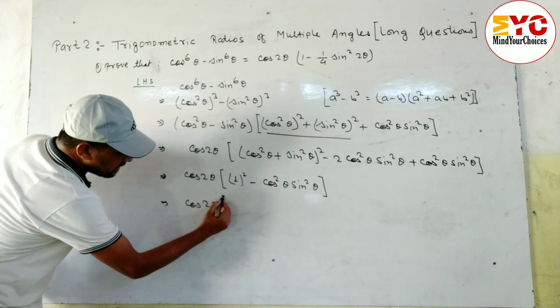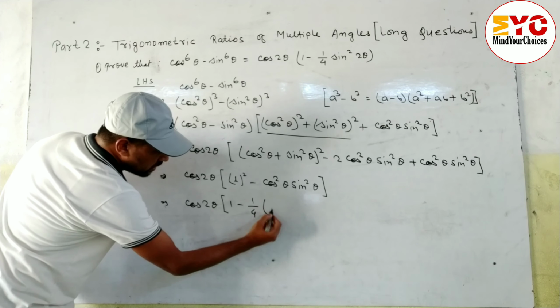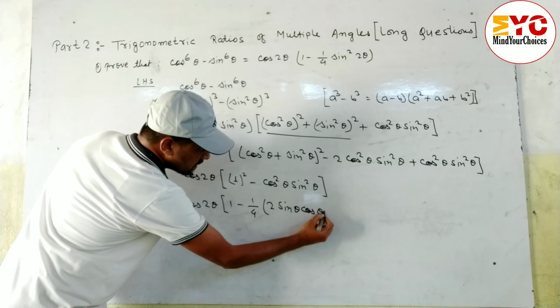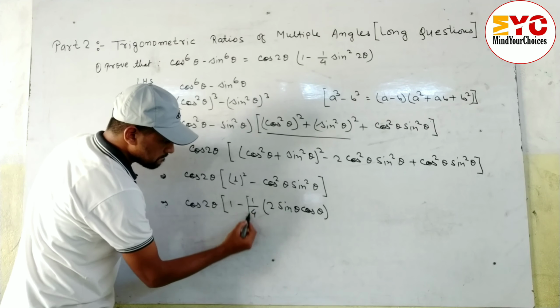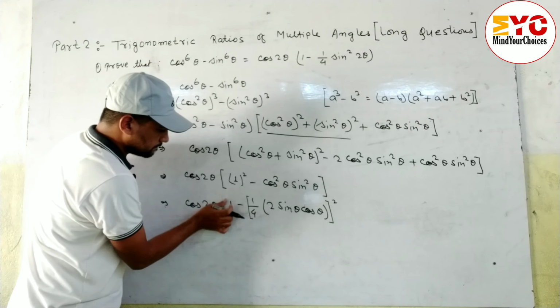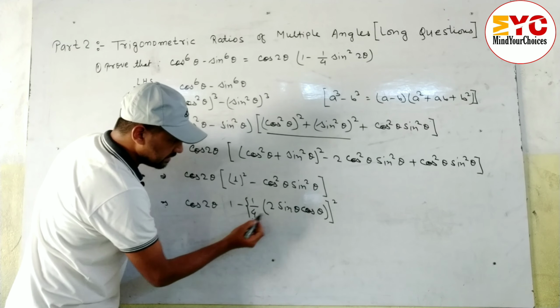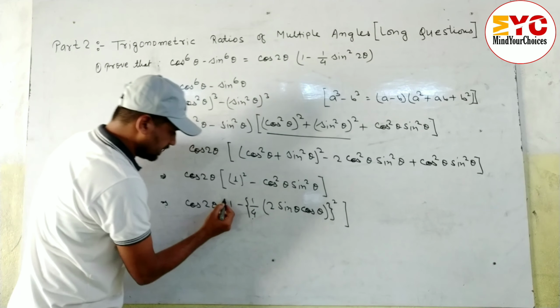Cos 2 theta, 1 square we can write 1 minus 1 by 4. Look at properly here, 2 sin theta cos theta whole square. Write on here curly bracket, then at last we can write big bracket.